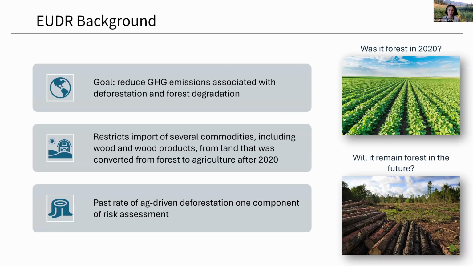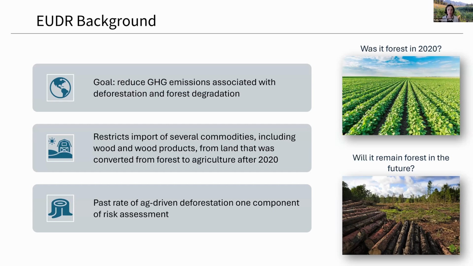And this is because agricultural expansion drives almost 90% of global deforestation, although of course the primary drivers do differ across different countries. The way that the regulation works is by restricting import of 7 commodities that are associated with ag-driven deforestation, including wood and wood products that originate from a parcel of land converted from forest to agriculture after the baseline year of 2020.